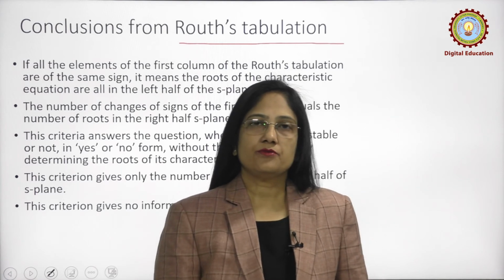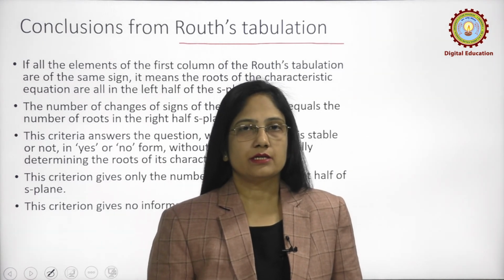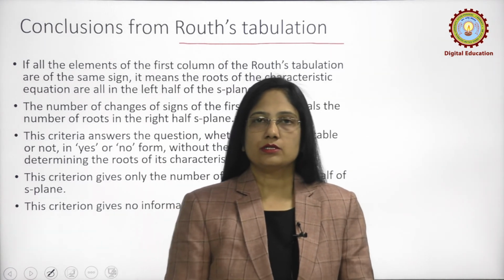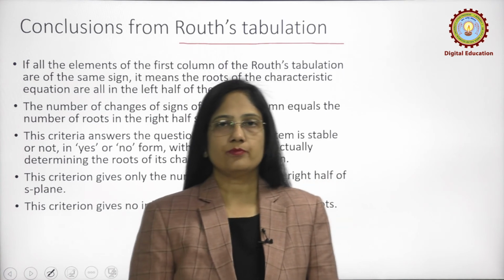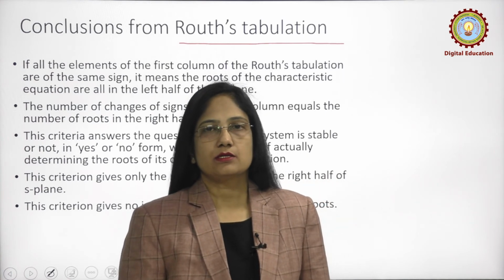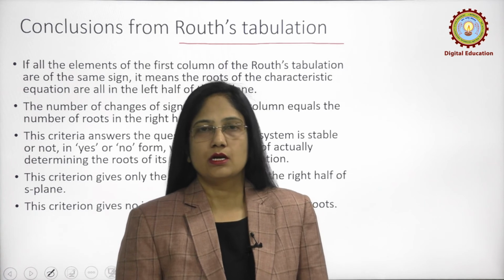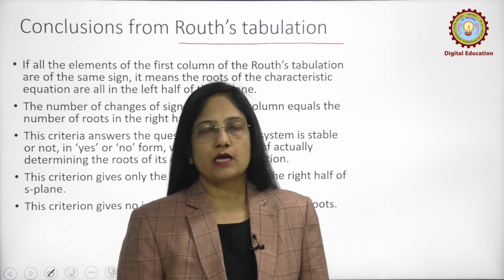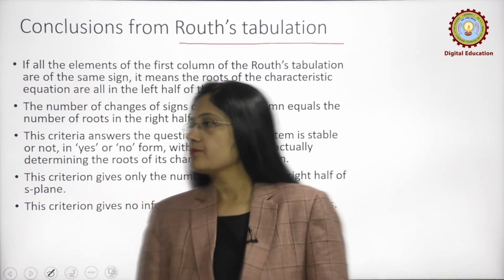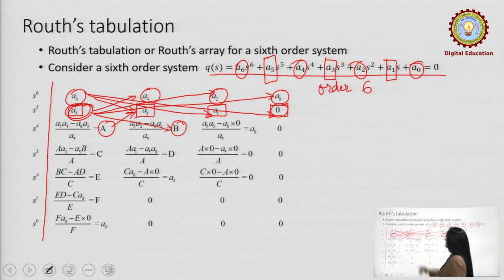Here, the first step in concluding the stability of the system is to check the first elements of all the rows. The first element of each row is checked: a6, a5, A, C, E, F and a0.